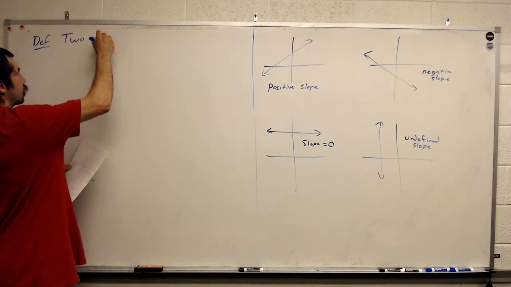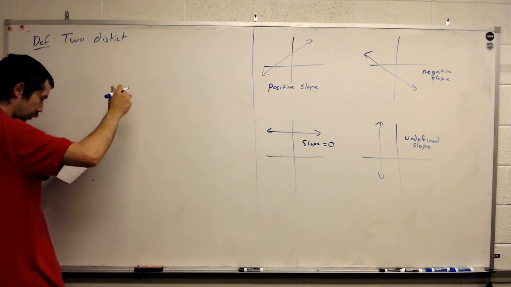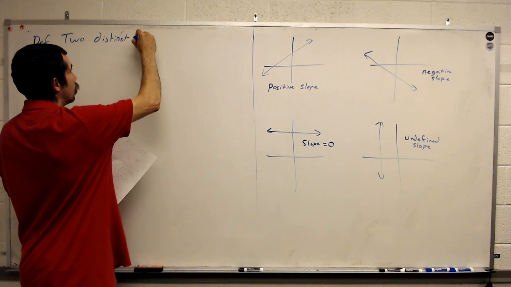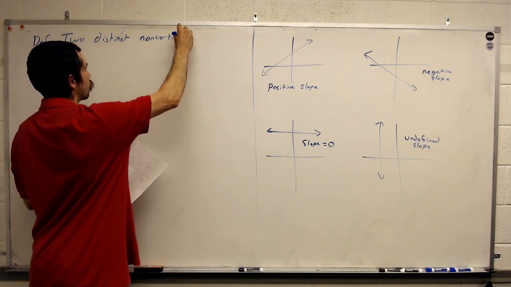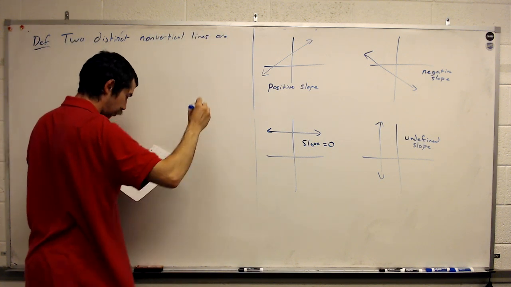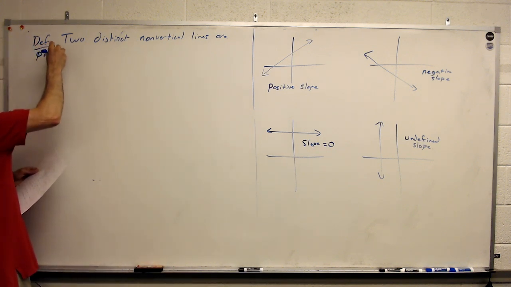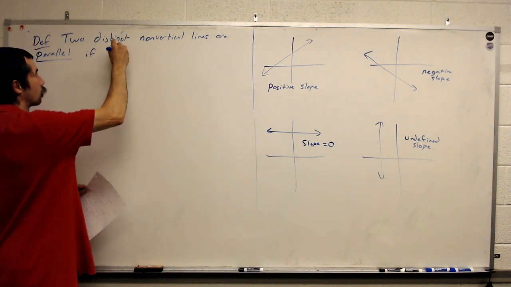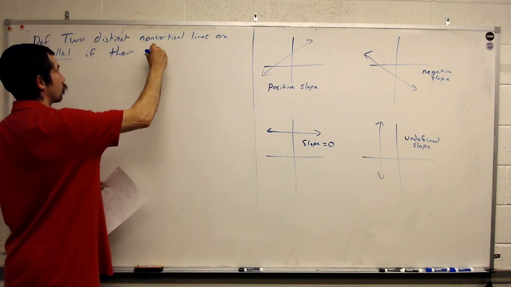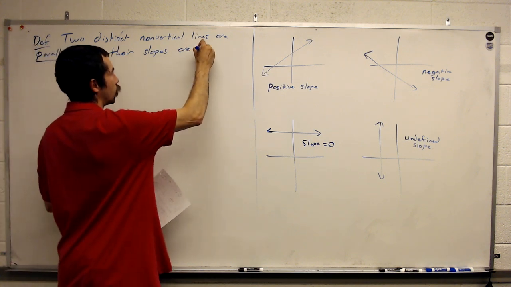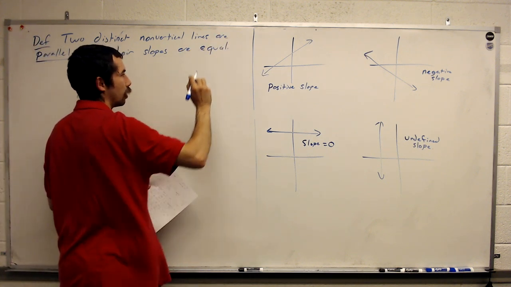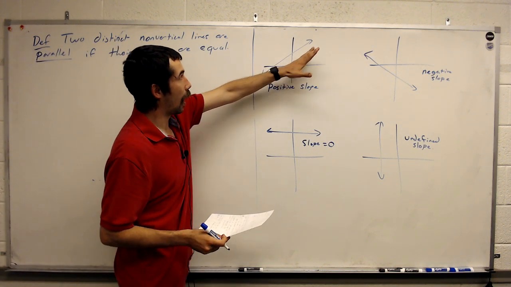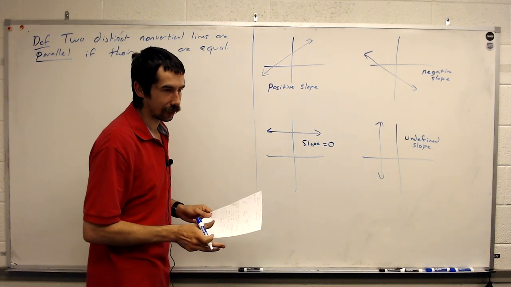So two distinct non-vertical lines are called parallel if their slopes are equal. All right, so parallel lines have the same slope. And no matter how far you check, they're never going to intersect each other.